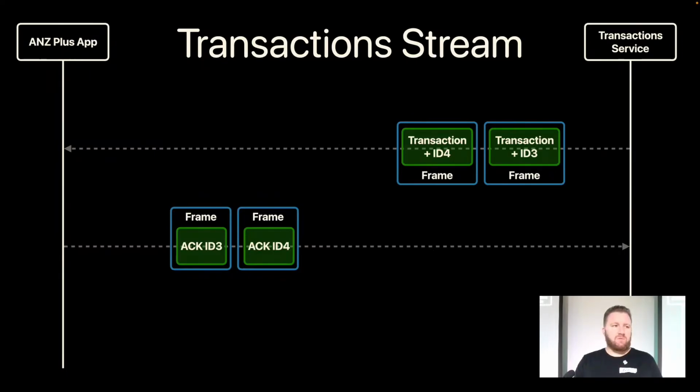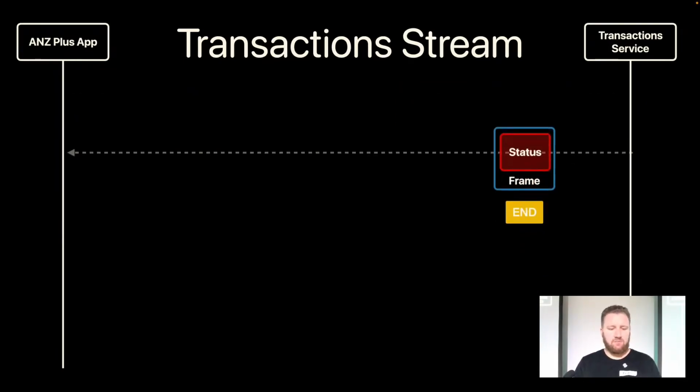But if for any reason we're unable to send that acknowledgement back, so if we get disconnected, app crashes, doesn't happen, but if the app crashes, then the next time we connect, the transaction service would resend everything that we didn't acknowledge previously. So it works as an incremental sync of sorts. And then at some point we get disconnected.